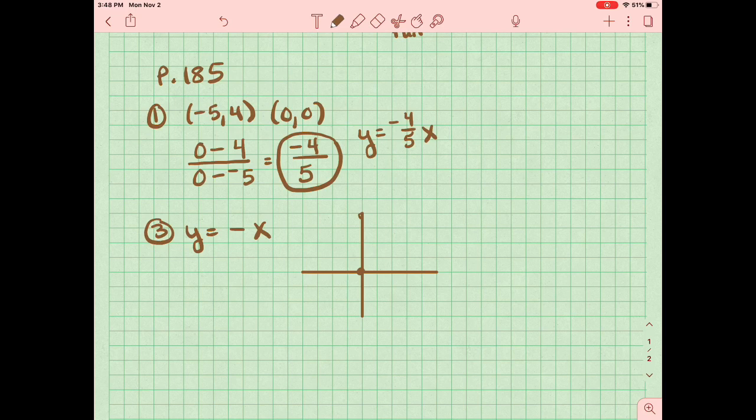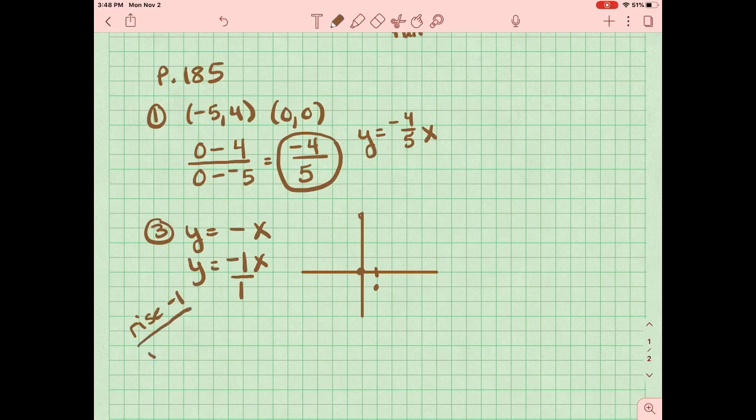And since my slope is negative 1, that means that for every 1 I go to the right, I am going to go down 1. So my rise is negative 1. That means go down 1.